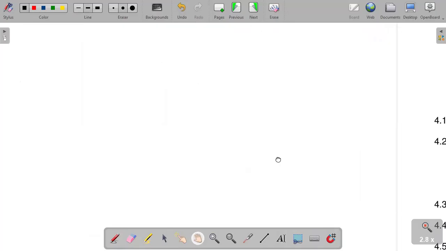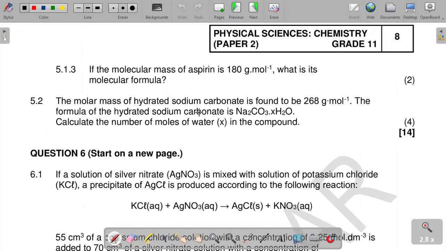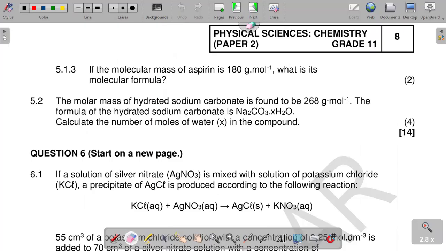5.2, let me do it this side. Oh, no, it's just 5.2. So 5.2, what they're saying to us is the following. That the molar mass of hydrated sodium carbonate is found to be 268 grams per mole.